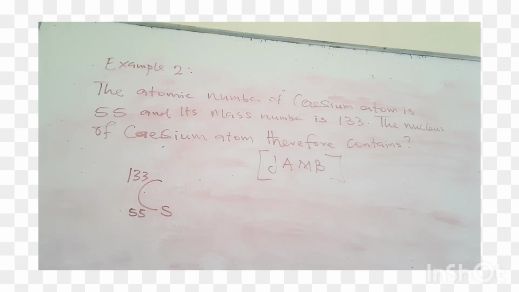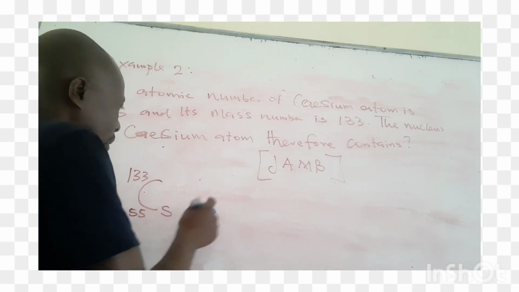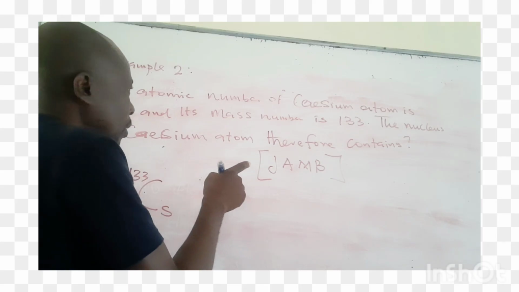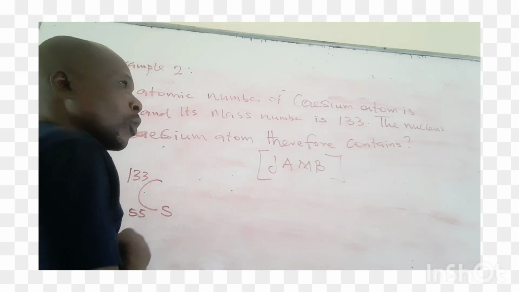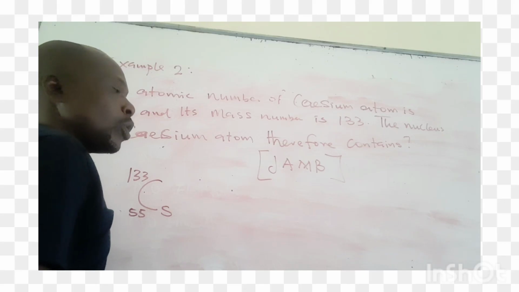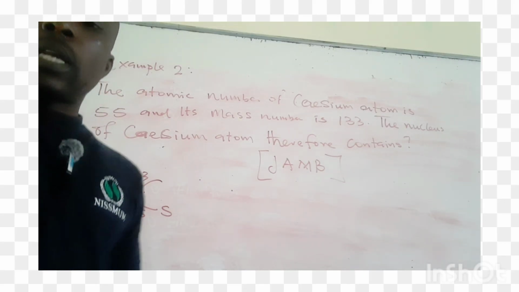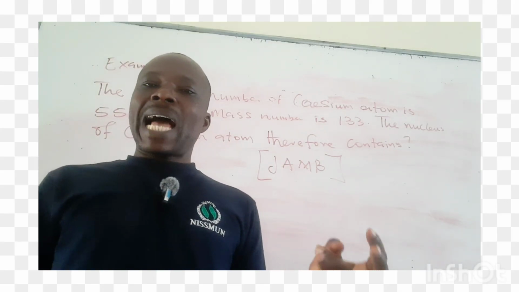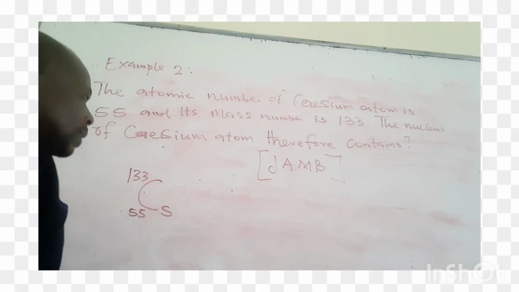It simply means that what we are looking for is the nucleus of cesium. So what is going to be the nucleus of cesium? What does the nucleus contain? Protons and neutrons, which make up the mass number.